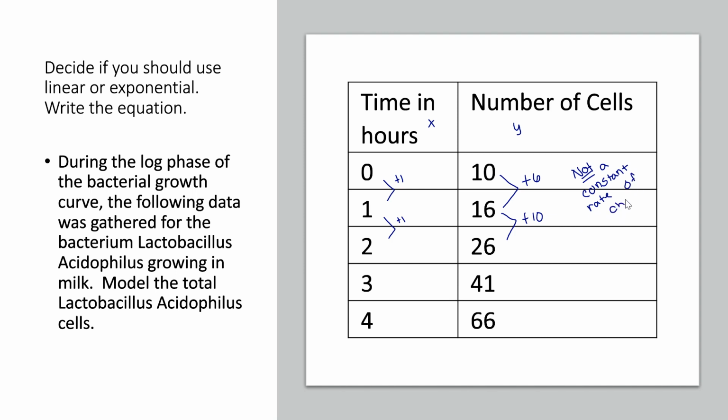And so because the change is not constant, that means that it is not linear. And so since our only other option is exponential, we are going to conclude that this must be exponential. Now, for exponential, we are expecting a constant percent.